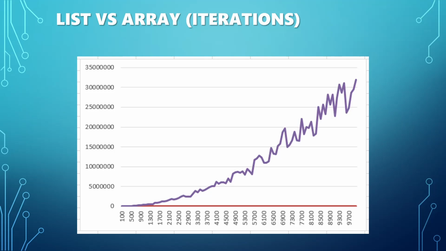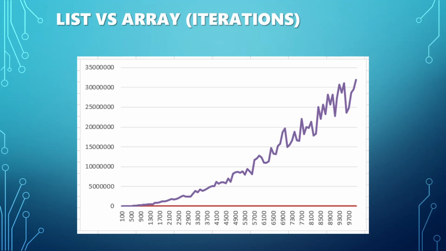But we have to divide these two graphics, because we can approximately say that the list implementation looks like n squared probably, but in comparison with list we can't say absolutely anything about the array because it looks like constant time, but that's totally wrong.